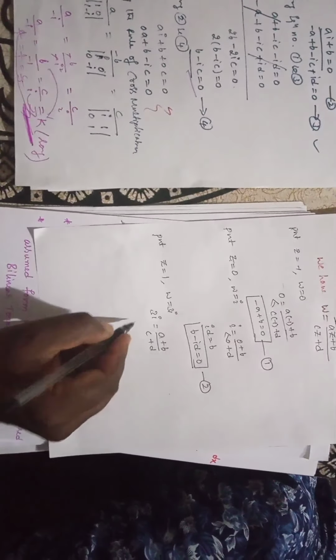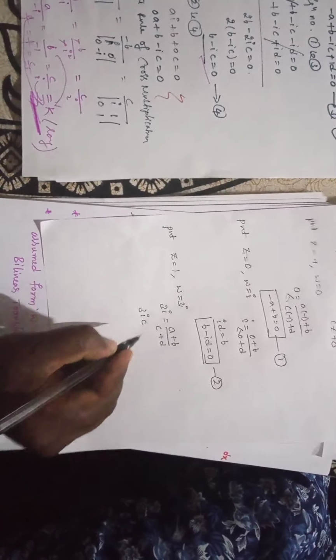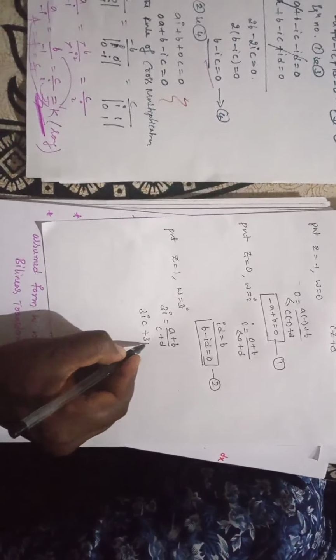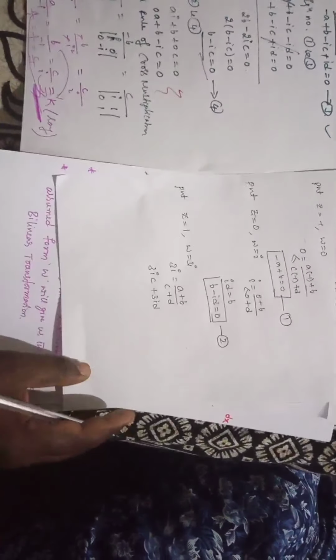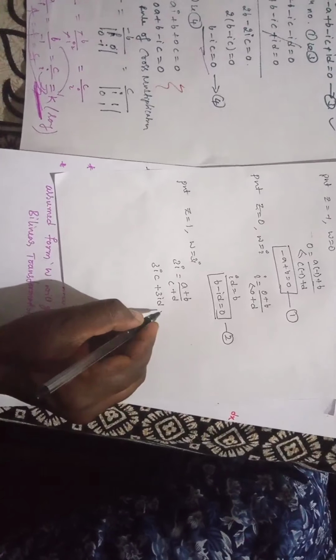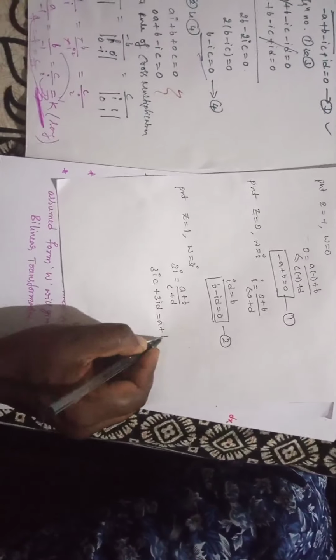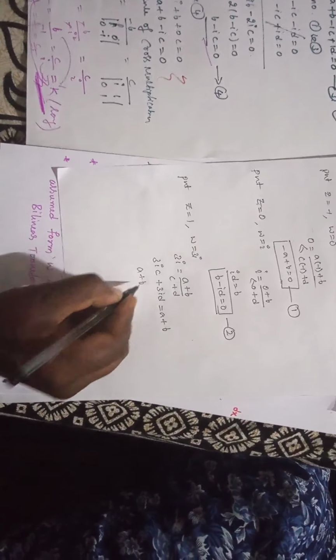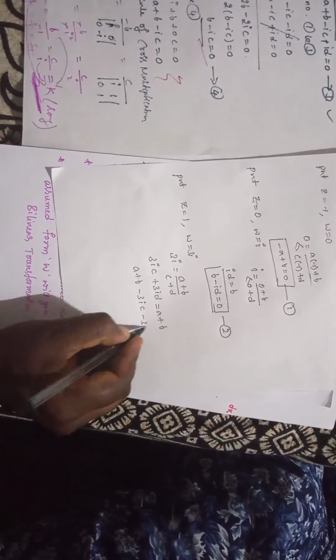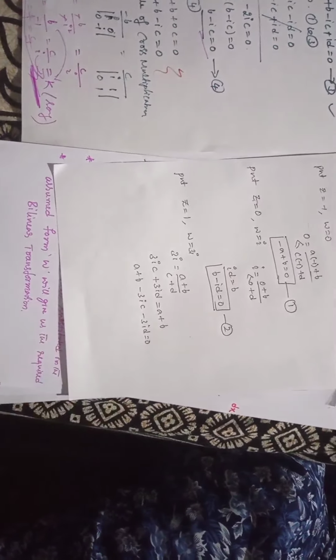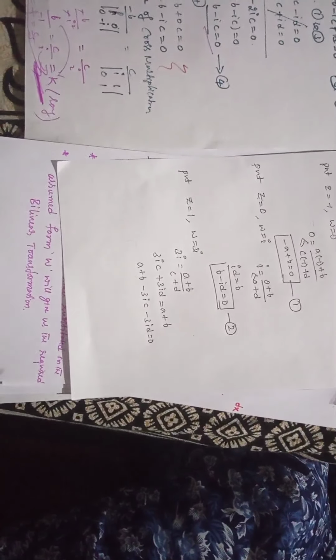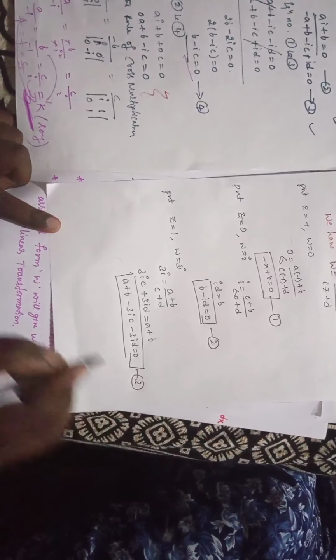So cross multiply this: 3ic plus 3id equal to a plus b. So a plus b minus 3ic minus 3id equal to 0. So this is our next, equation number 3.